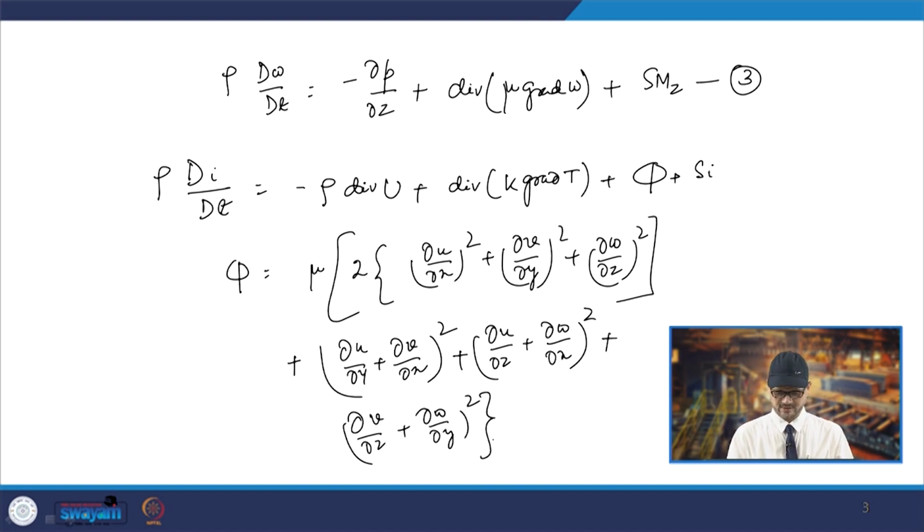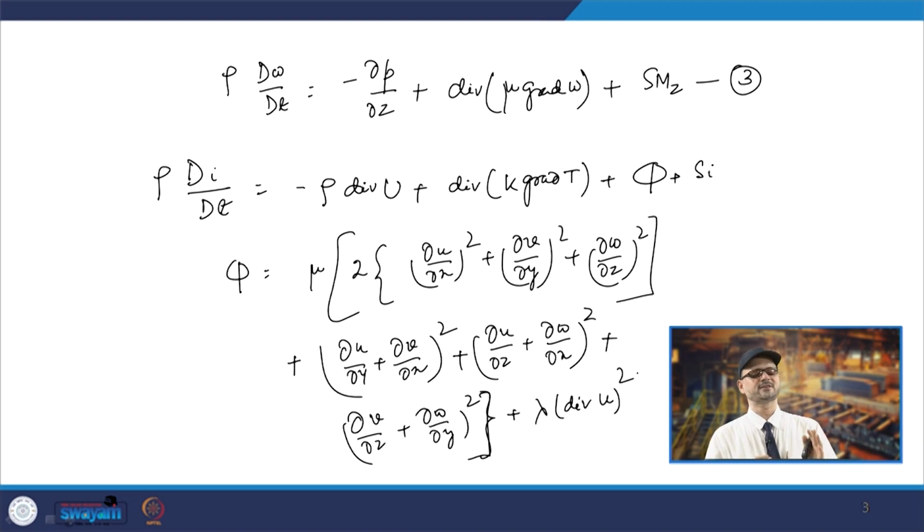These are the terms that come under the full bracket, plus lambda times div u, squared.